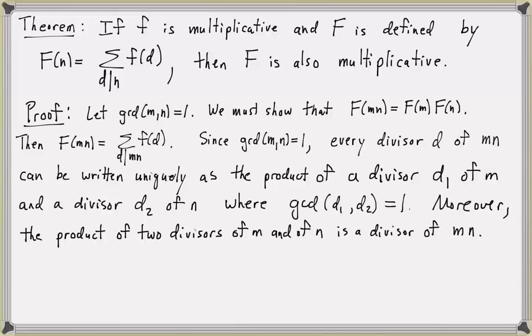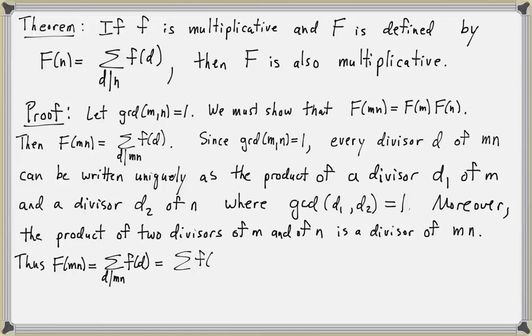So then I can rewrite the sum above. So capital F of mn is the sum over divisors of m times n of f of d. Then I can break up each d as a product.